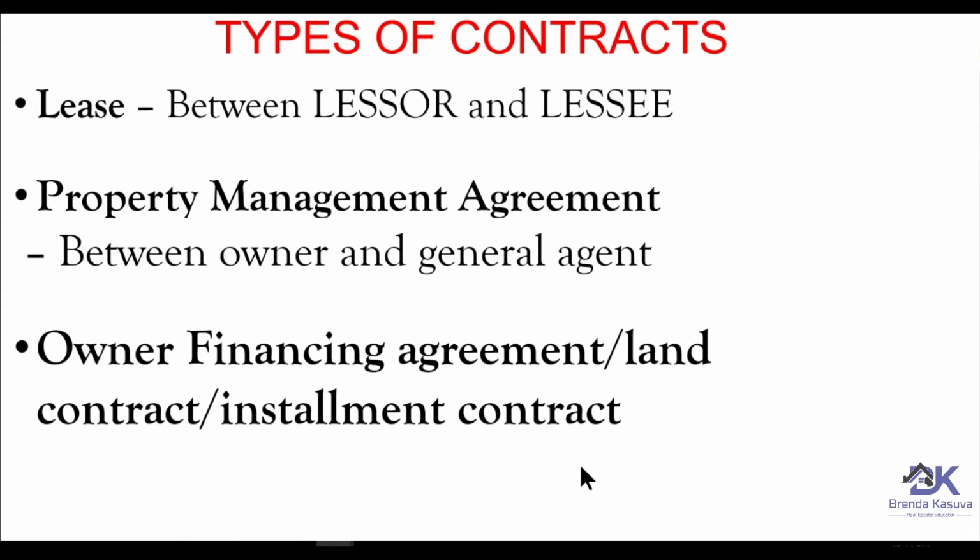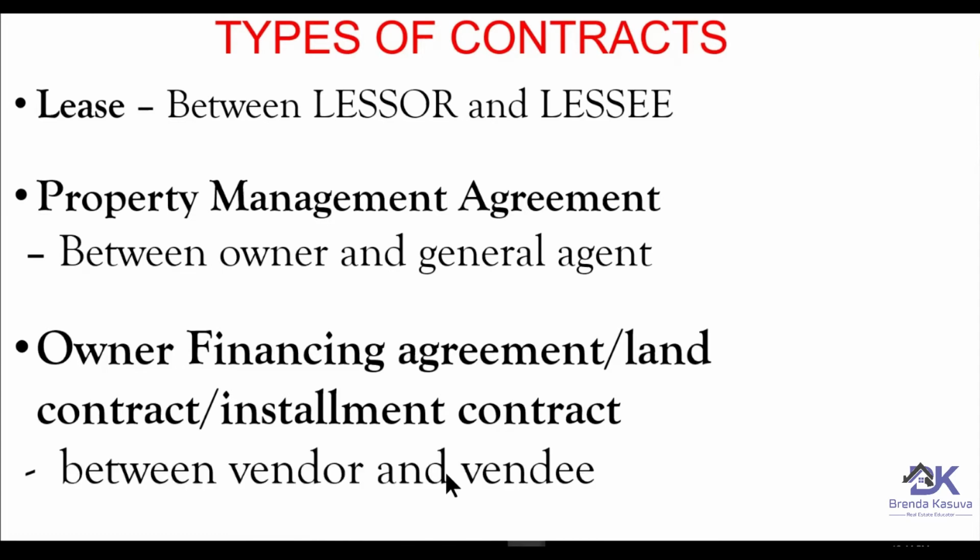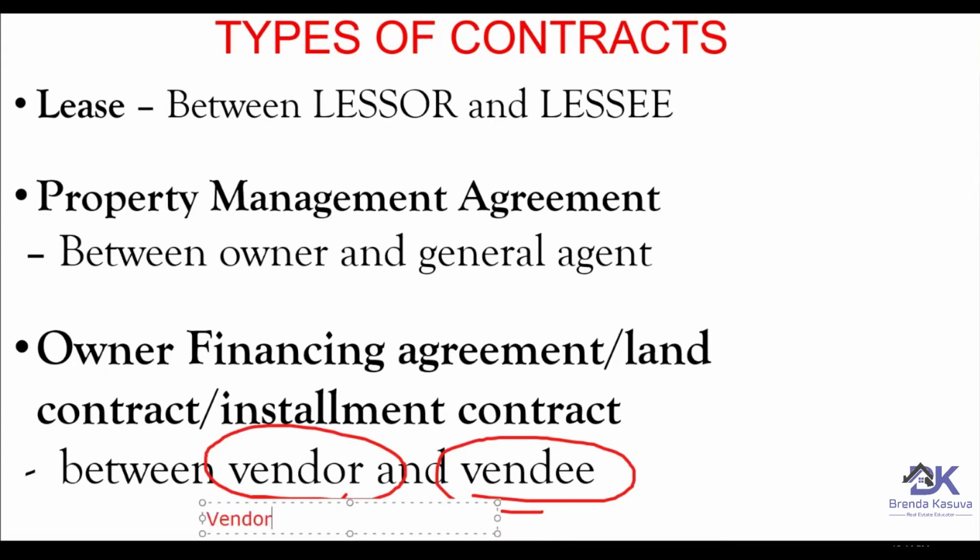There's a reason why I use the vending machine: when you do rent to own, you, the buyer who's doing owner financing, are known as the vendee, and the owner is known as the vendor. So think of the vending machine. You don't technically own it unless you buy it. The vendor is the seller who's doing the owner financing with you, and the vendee is you, the buyer doing rent to own.